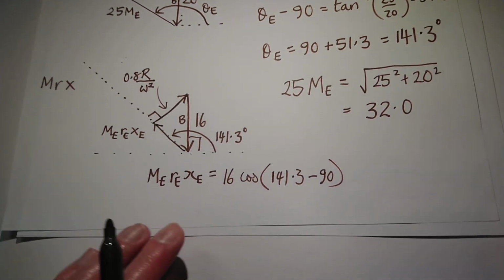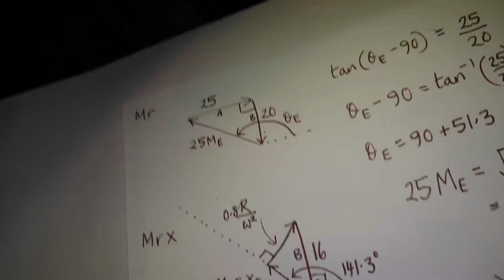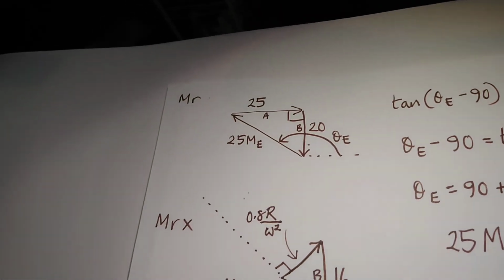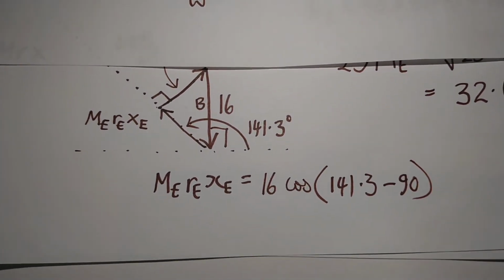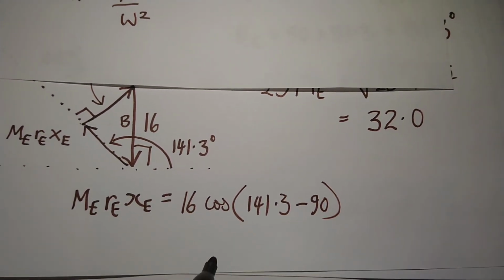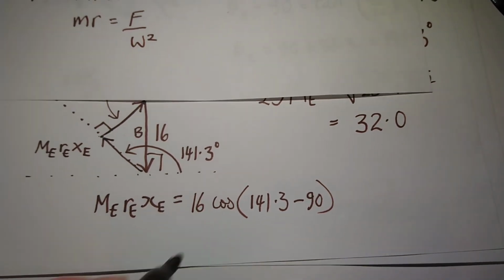Okay, and then with that information, and if you look back at the table, you should be able to work out fairly easily what XE is. Okay, so this will lead to working out XE.